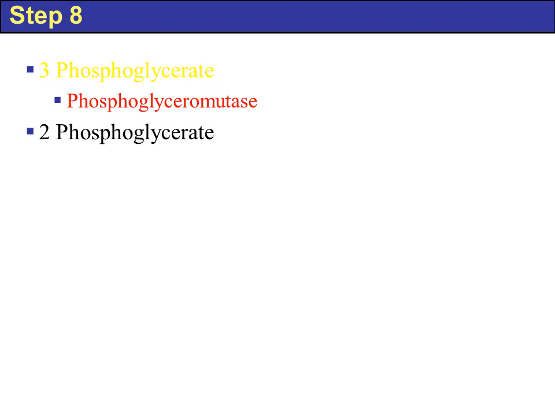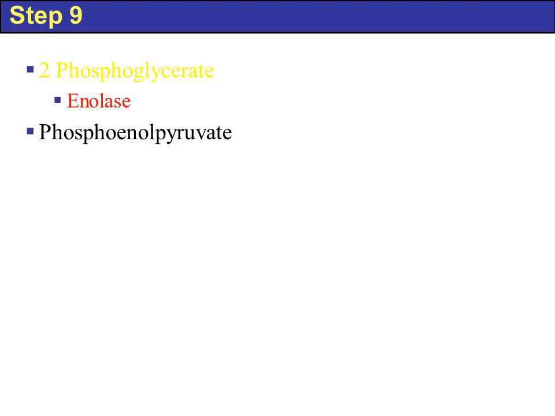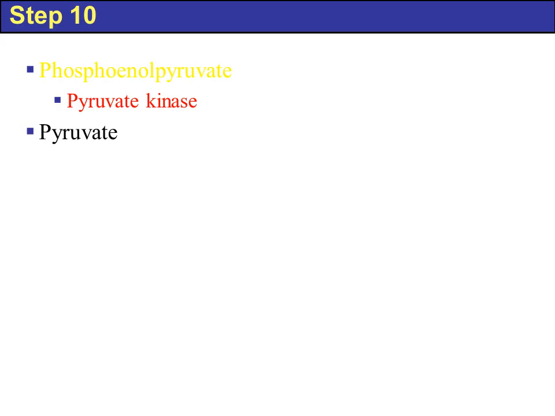Step 8, 3-phosphoglycerate is converted into 2-phosphoglycerate. Step 9, 2-phosphoglycerate is converted into phosphoenol pyruvate. Step 10, phosphoenol pyruvate is converted into pyruvate.